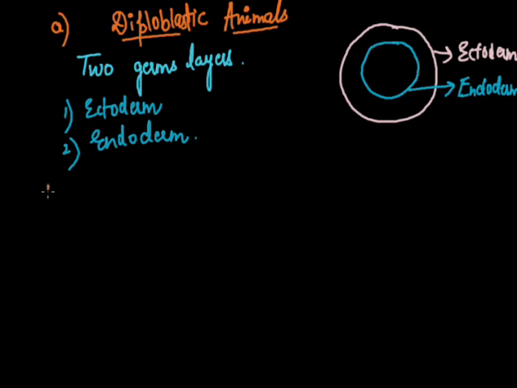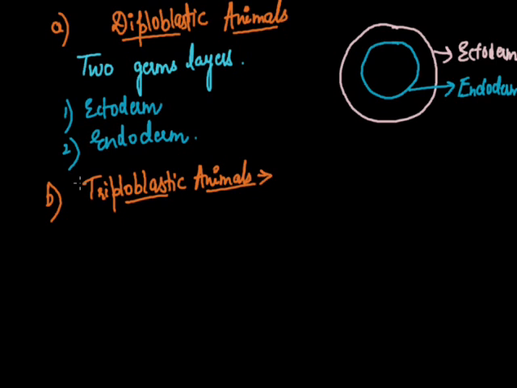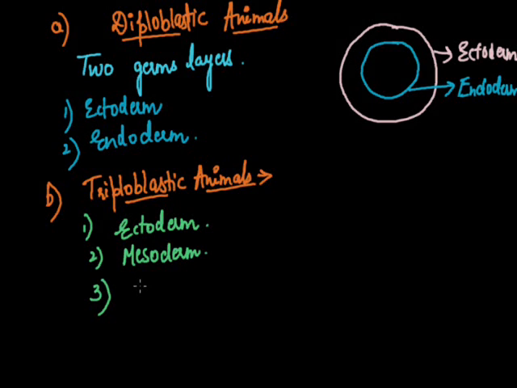Now we further move to the next animals. These are triploblastic animals. As the name suggests, these have three layers: ectoderm, the outermost; the middle, the mesoderm, which is between the ectoderm and endoderm; and the last, the innermost, is endoderm.